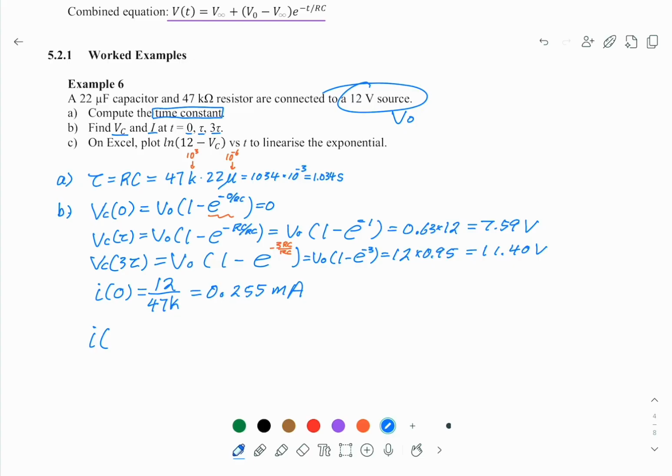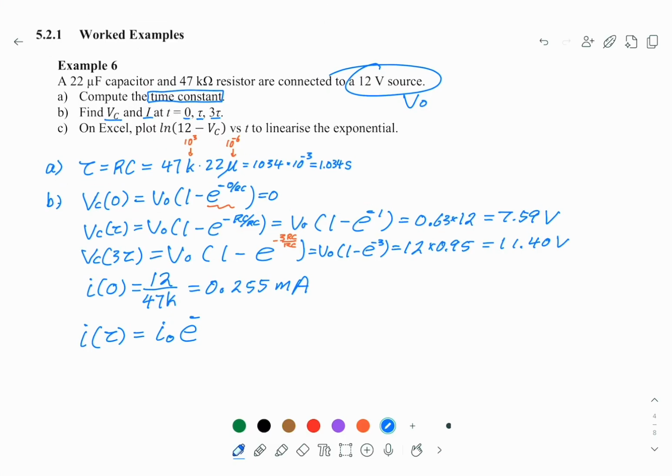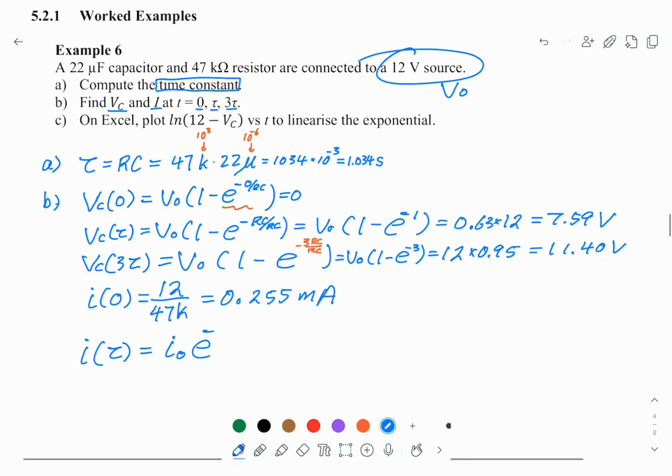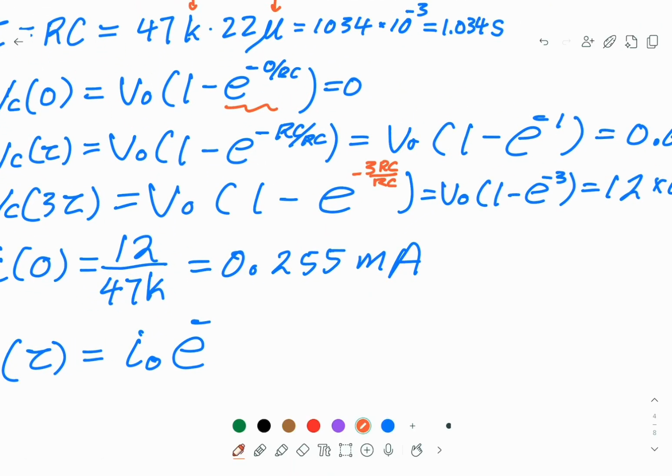I at one time constant. This is I naught, the initial current, but it's an exponential decay. Remember this is the same formula, it should be t over RC, but t is one time constant, it means 1 RC.